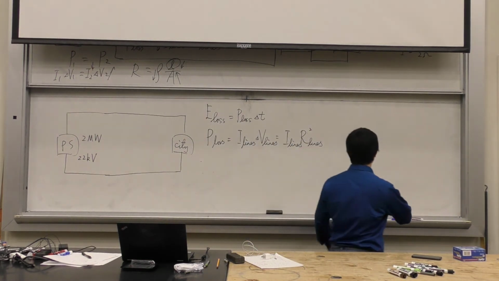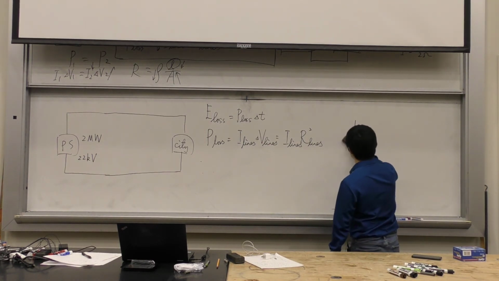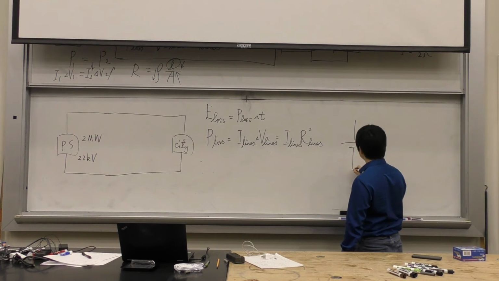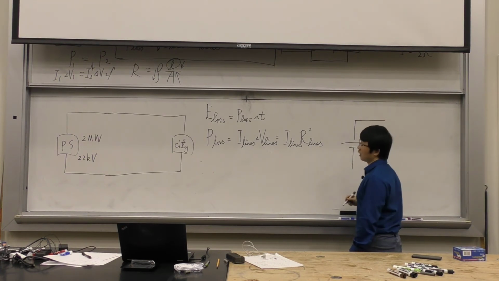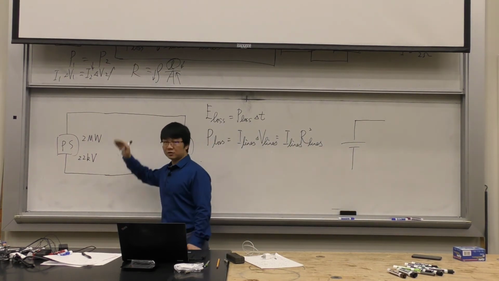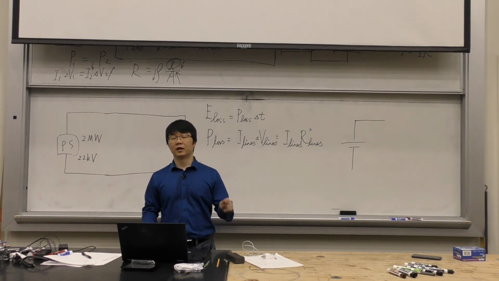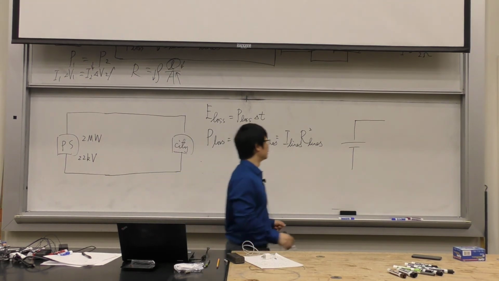So if I draw, let's do this. If I draw an equivalent circuit for you, you know what I mean. So now, you can consider the city and the transmission lines as two separate resistors in a circuit connected in series to a battery, okay?